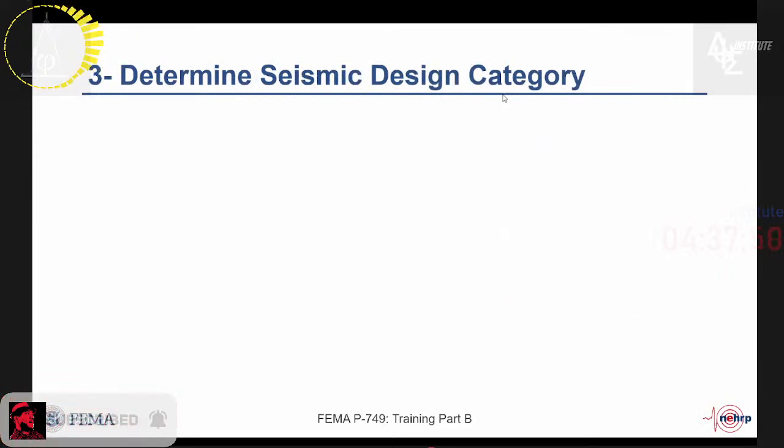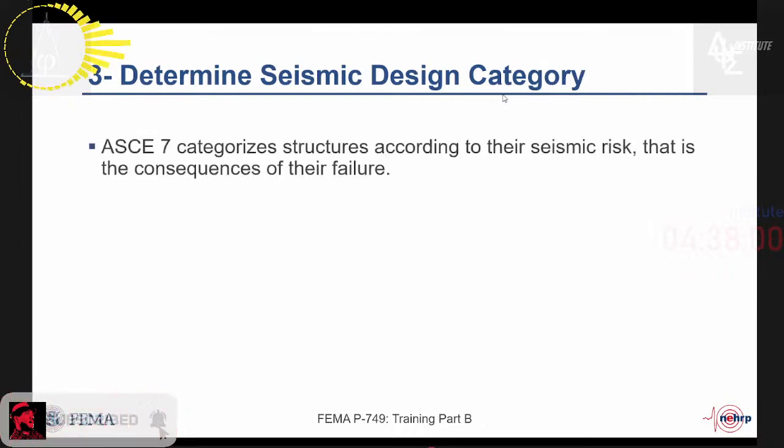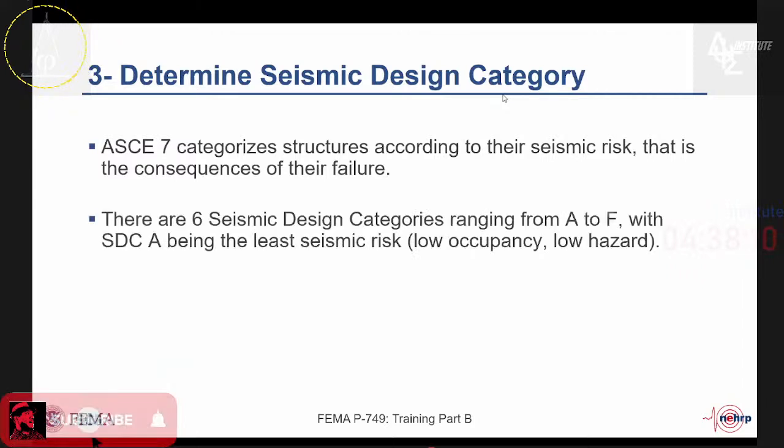Once we've determined our seismic design spectrum for the project and the S sub DS and S sub D1 values, we can determine the structure's seismic design category. ASCE 7 assigns seismic design categories to structures based on their seismic risk, that is, the consequences of their failure.